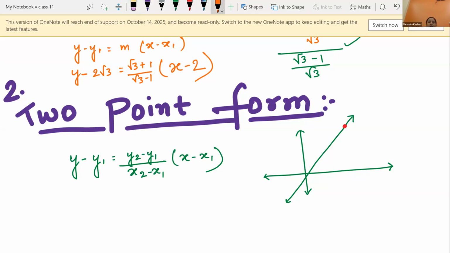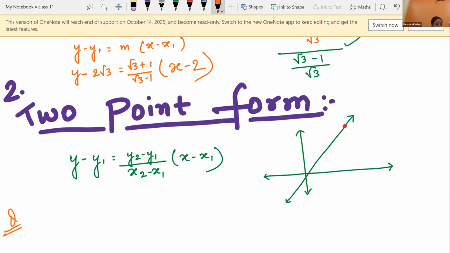Yes, ma'am. So whenever two points are given, you can use this formula. In an assertion reason based question or MCQ, if it says the two-point formula is this one, you should say yes: y minus y1 is equal to the slope (y2 minus y1) by (x2 minus x1), in bracket x minus x1. We will use this formula when two points are given.